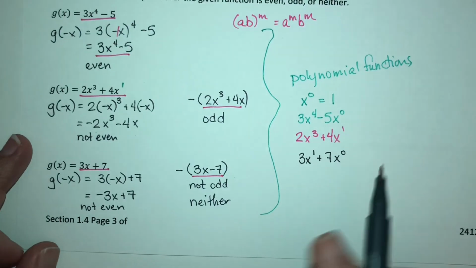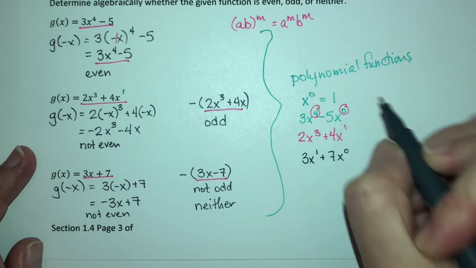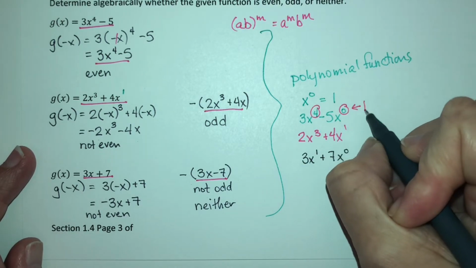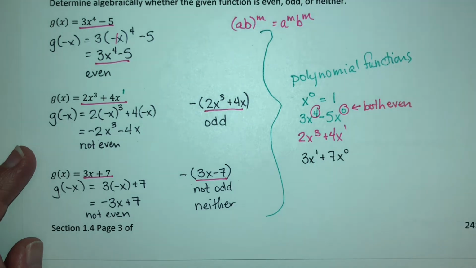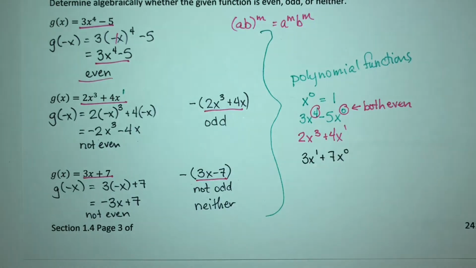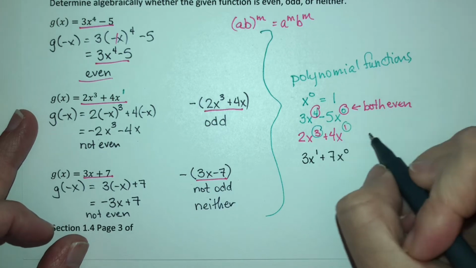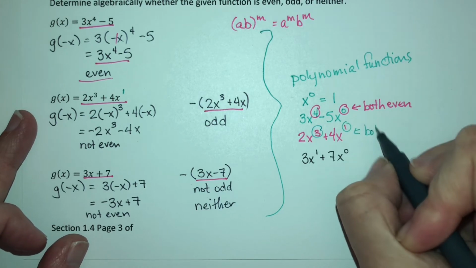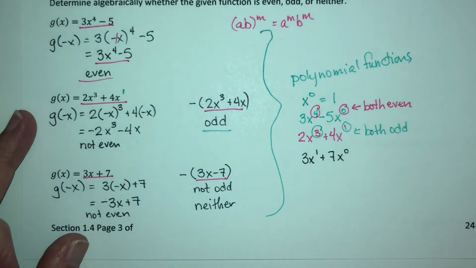Now, look right here. We have a 4 and we have a 0, and these are both even. And this was even. Look right here, 3 and 1, those are both odd, and the polynomial was odd.